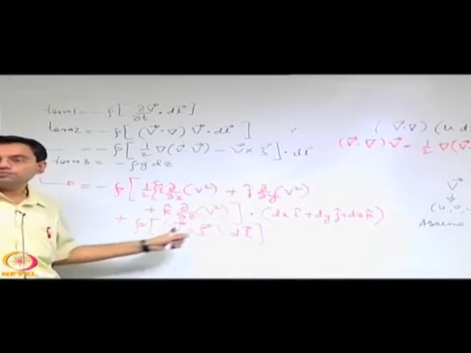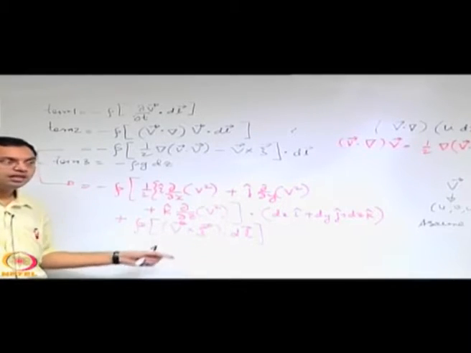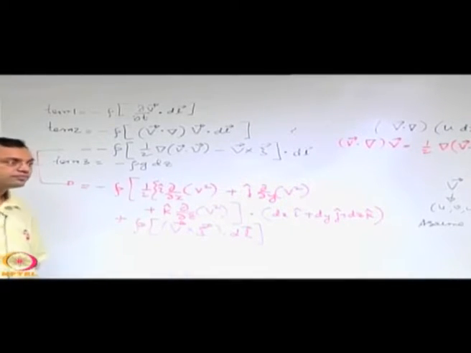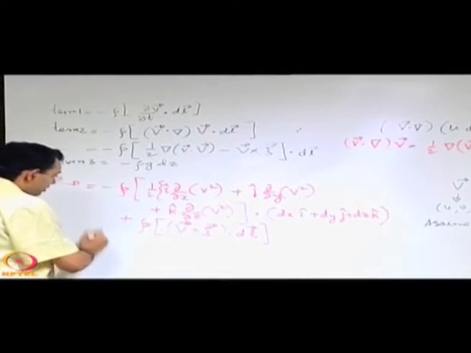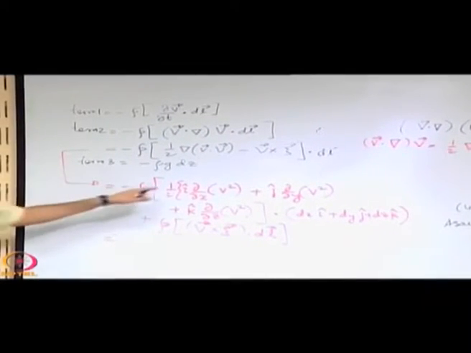You can recognize that it is like a scalar triple product of 3 vectors, like A dot B cross C. Okay. So, we will keep that simplification for a moment and just consider the first term.